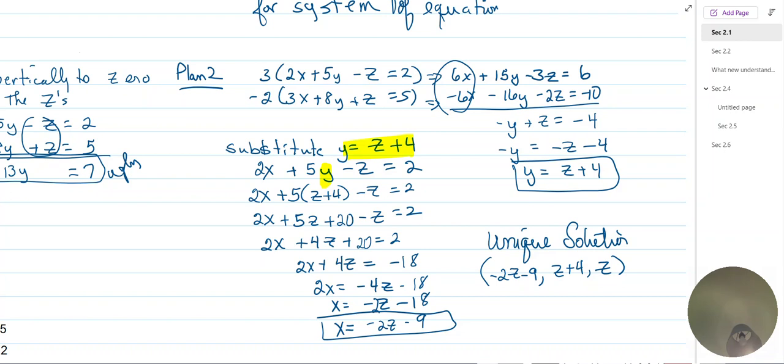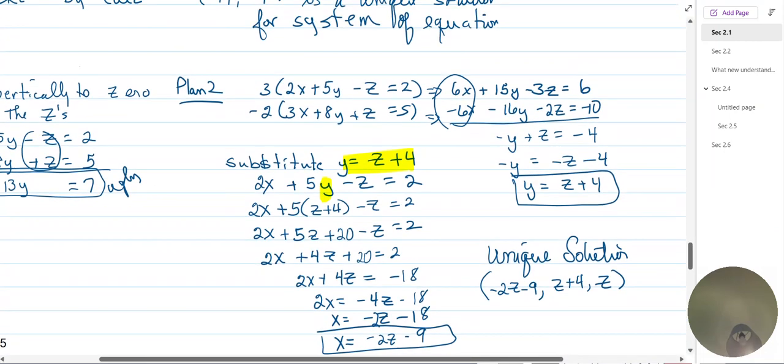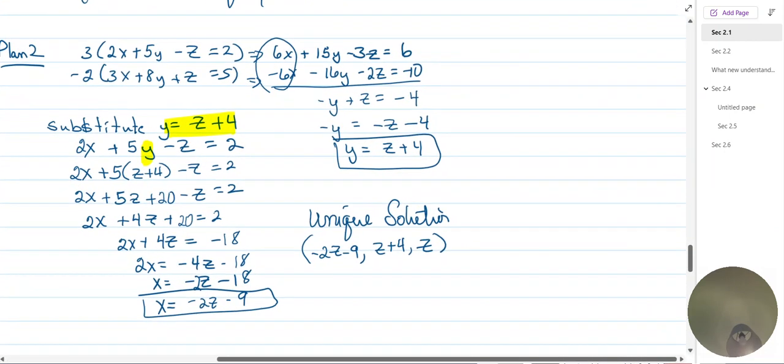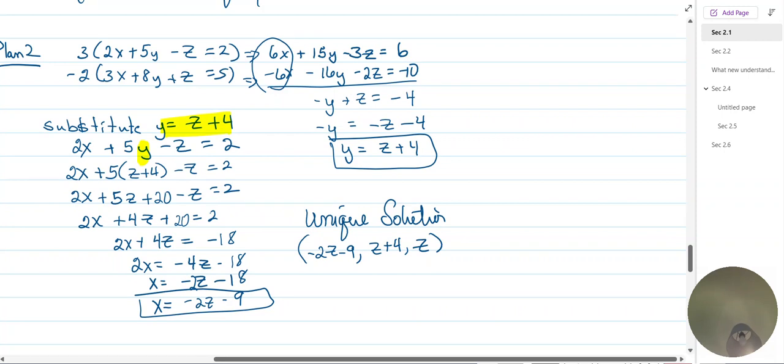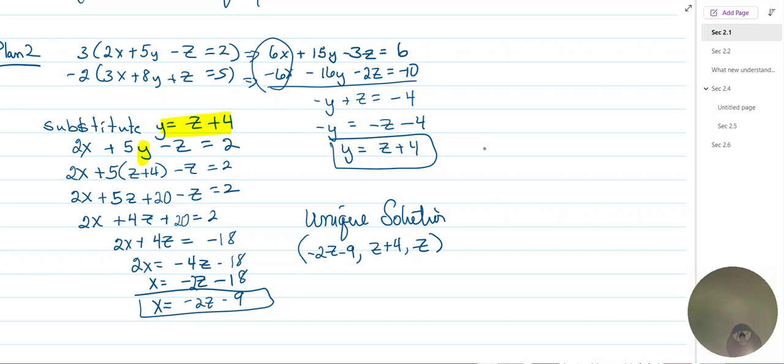So how do we solve this, right? Well, we know that if we had the y, hold on, we have y over here, and we solved for it being greater than 0, because y has to be greater than 0, then z has to be greater than negative 4.